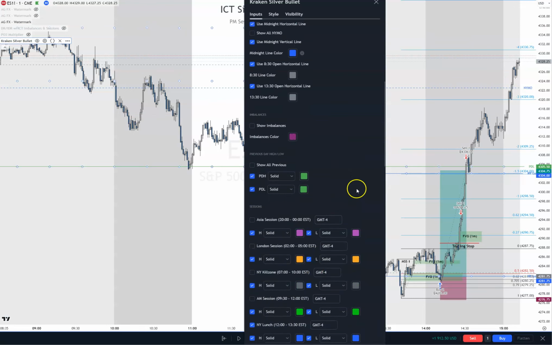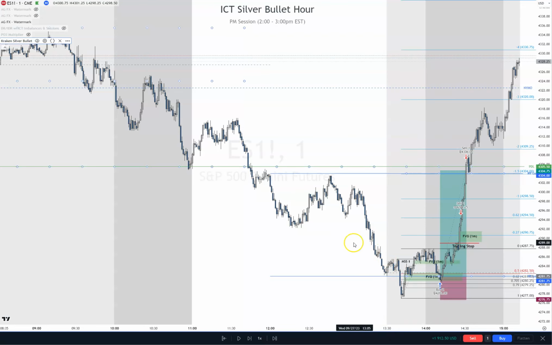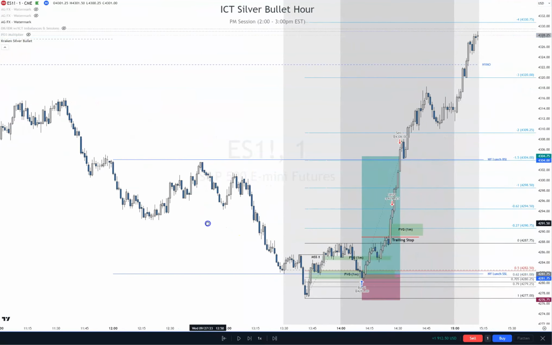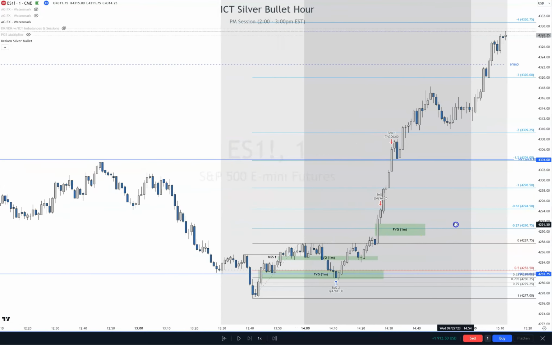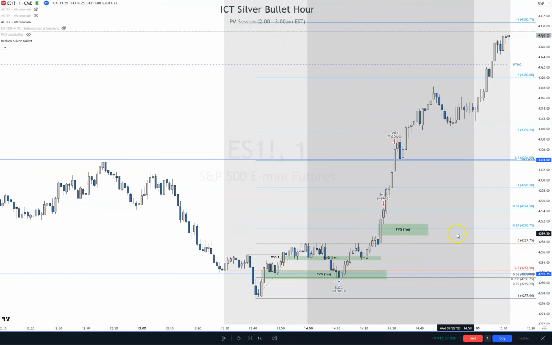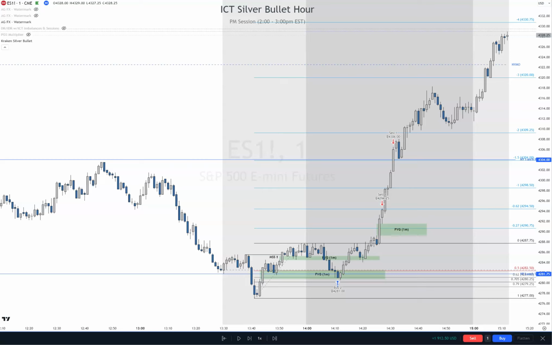Then we had previous day low. Let's take that off so it's not confusing. So this is what we really had. This is what we were targeting. I'll take my trailing stop off, take off the long here, and zoom in. All right, so here's what we had. Let me take off the fib as well, so it's not so many lines.